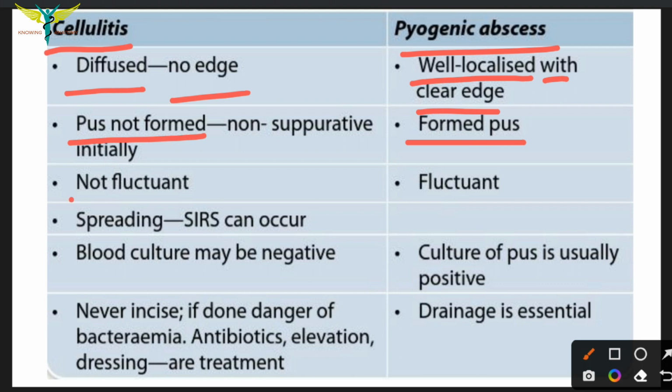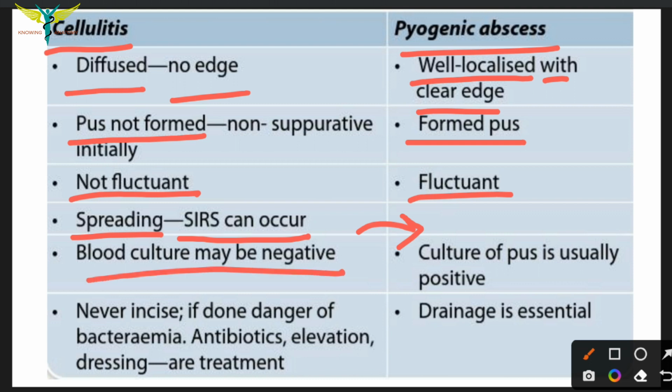The cellulitis is non-fluctuant, whereas the pyogenic abscess is fluctuant. The nature of cellulitis is spreading, and SIRS, that means systemic inflammatory response syndrome, can occur in cellulitis, whereas the pyogenic abscess is usually limited. The blood culture may be negative in cellulitis. In pyogenic abscess, the culture of the pus is usually positive.